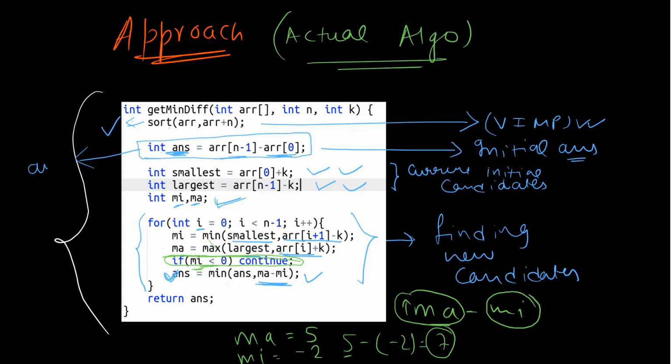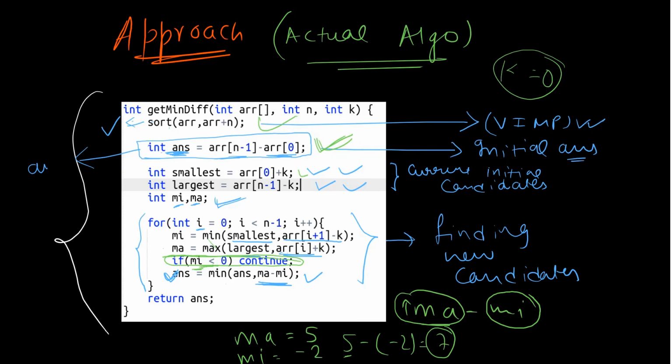I hope you understood. Some of the important things here are understanding why we sorted the array, and why we took ARR n minus 1, that is the largest tower, minus the smallest tower initially, because if we do nothing, or suppose the value of k is 0, then this is going to be our answer.